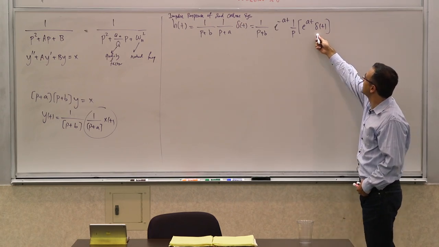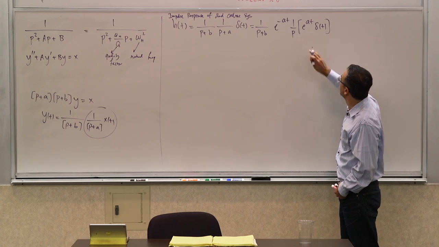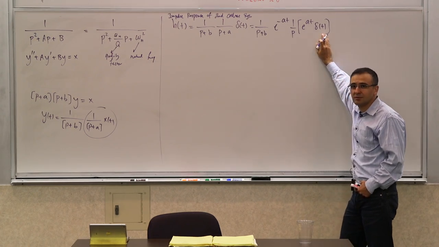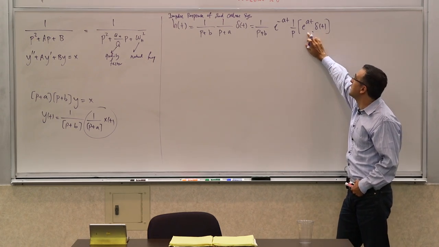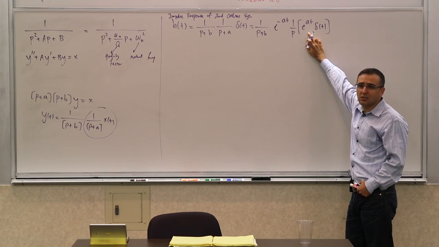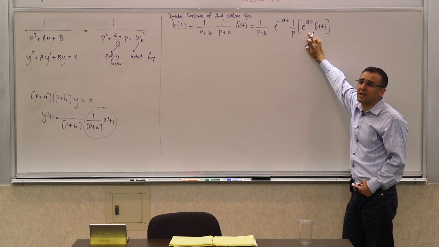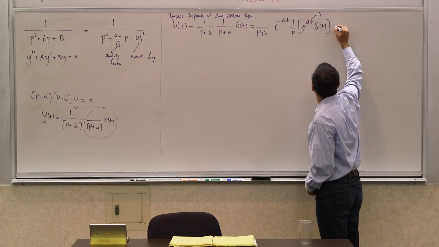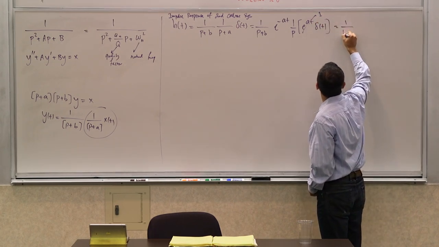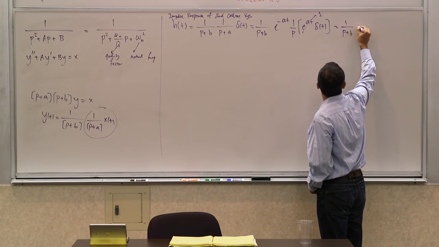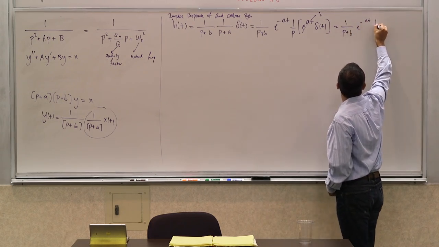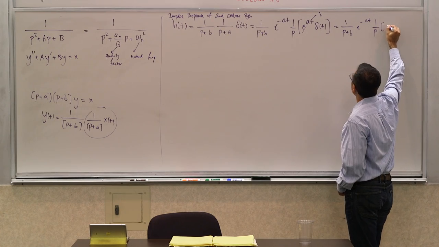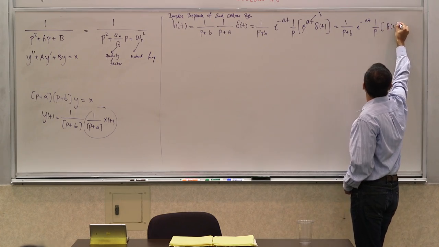Can I simplify this a little bit more? Do I care about the value of e to the at at any time other than t equals 0? What is this value at t equals 0? 1. So this becomes 1 over p plus b, e to the negative at, 1 over p of delta of t.